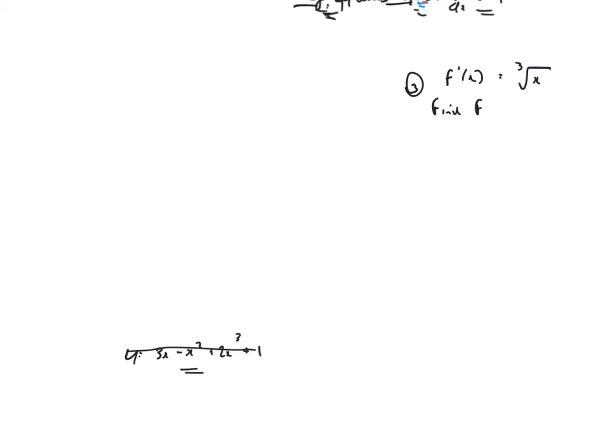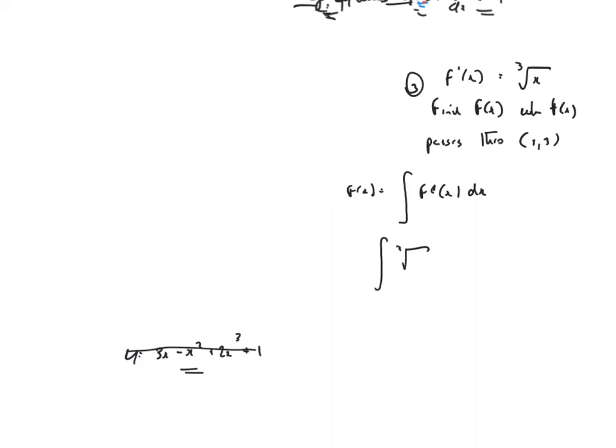Find f of x where f of x passes through (1, 3). The original function f of x is given by the integral of f dashed x with respect to x. So that is the integral of the cube root of x.